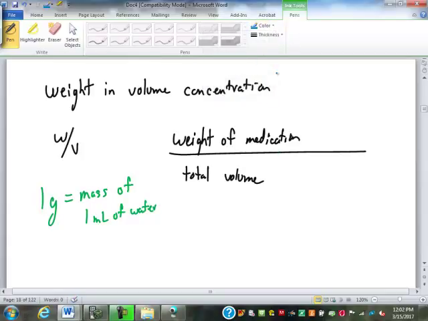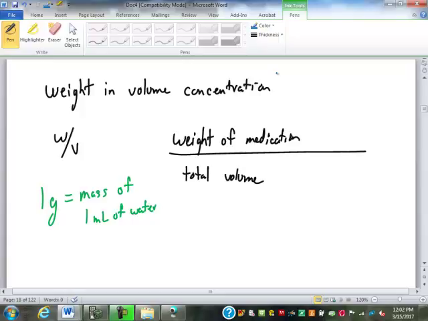Since most of our medications that we give are either solutions created with water, medications dissolved in water, or fluids that are similar to water. Like I said, we've got rubbing alcohol that's slightly less dense than water. We've got glycerin that's slightly more dense than water.